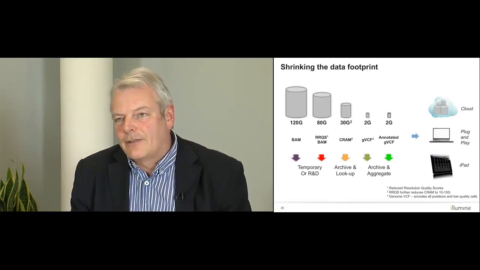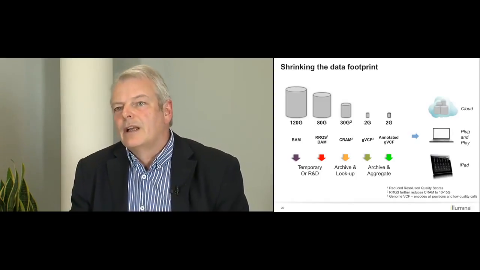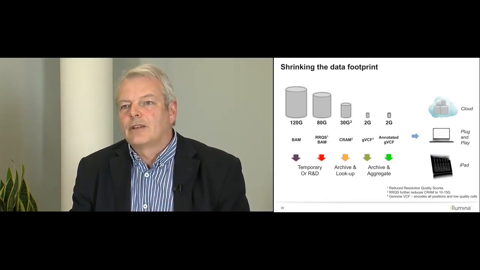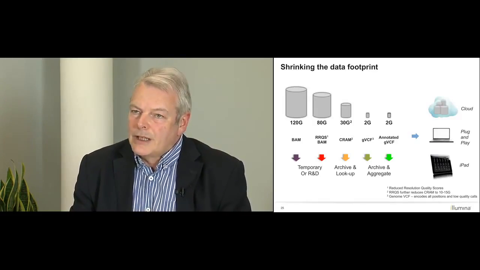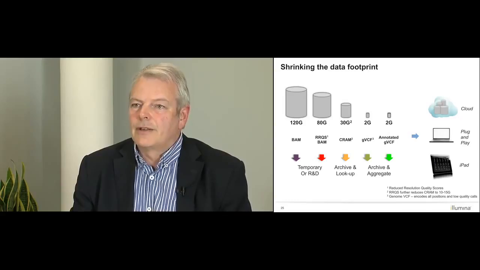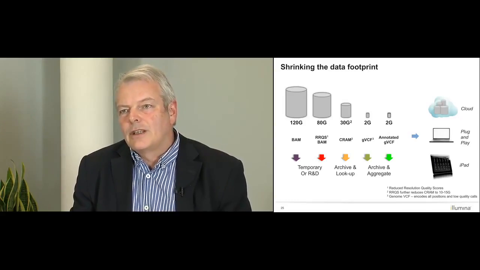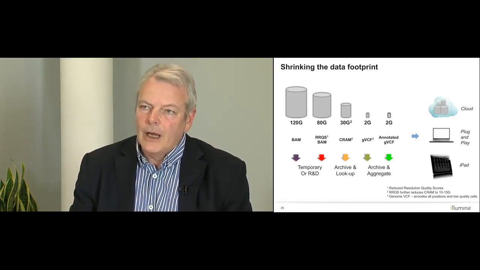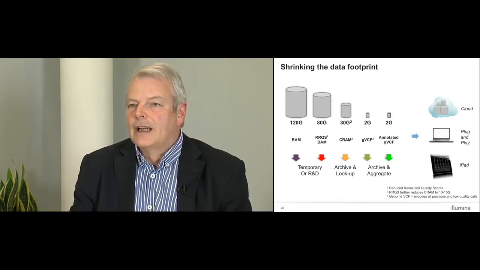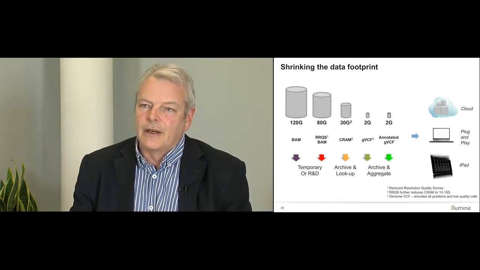So the GVCF is a really important currency, very lightweight, 2 gig of information, sufficient for annotating and interpreting the genome, but it does cover the entire genome, not just the variants. So these last two forms, the 2 gig files, GVCFs with annotation, of course make the genome very portable and easy to transfer. And this arguably is the real currency going forward of genomes.